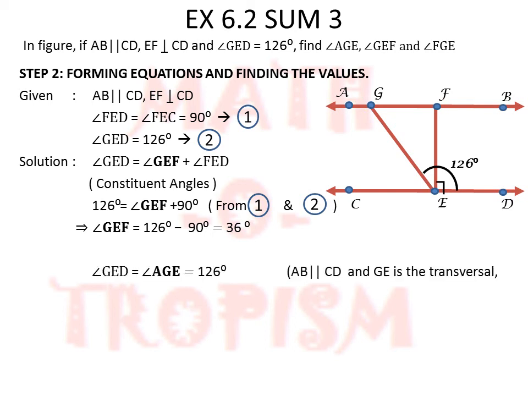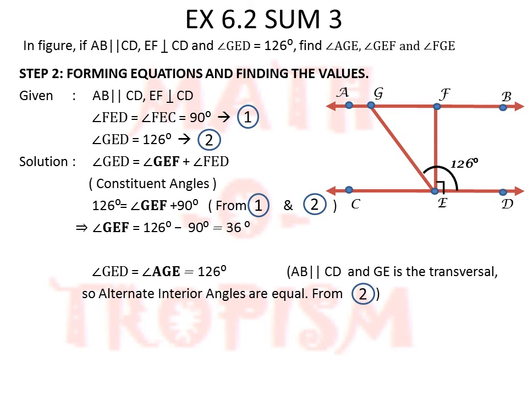Again, when we take AB and CD as parallel lines and the transversal GE, we can see that angle AGE and angle GED are both alternate interior angles. So both will be equal, hence angle GED is equal to angle AGE, which will be equal to 126 degree.